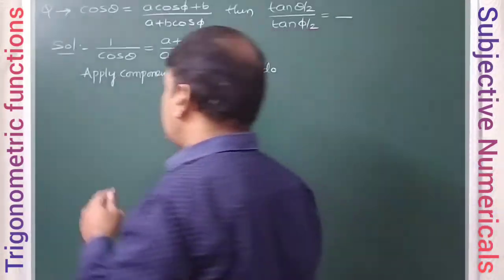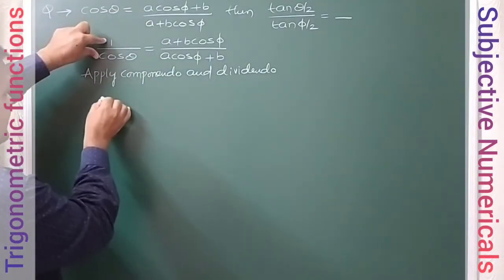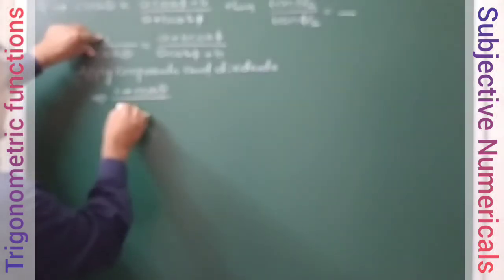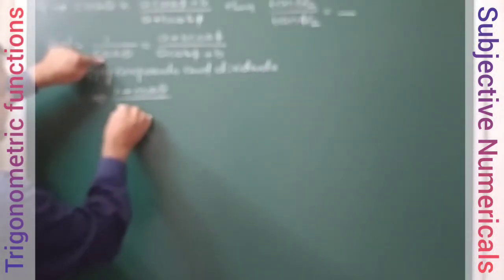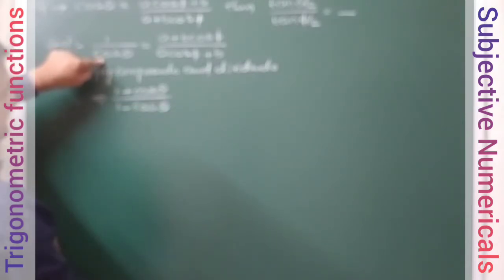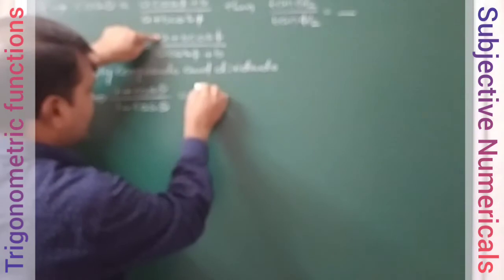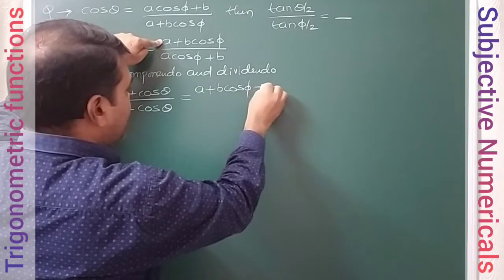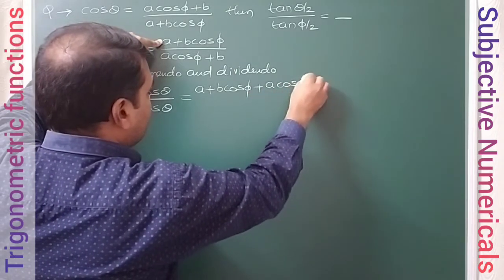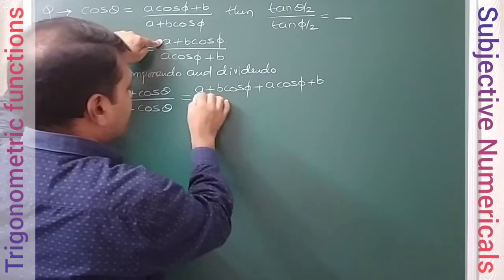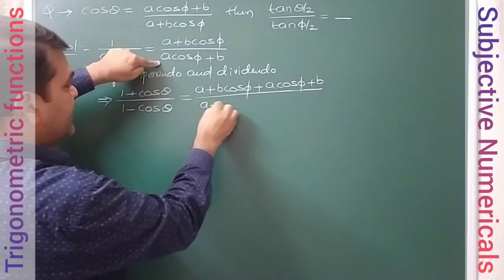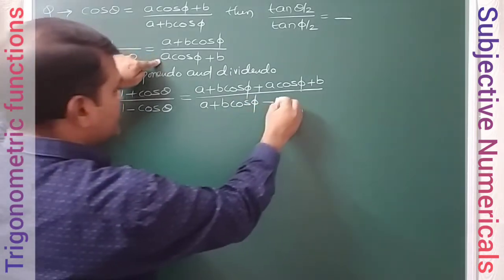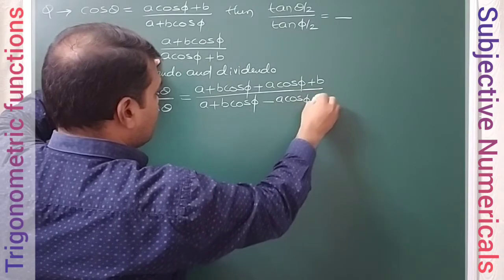So now applying componendo and dividendo, LHS will be 1 plus cos theta by 1 minus cos theta, that is numerator plus denominator by numerator minus denominator, and similarly in the RHS you will get numerator a plus b cos phi plus denominator a cos phi plus b, by numerator a plus b cos phi minus denominator, that is minus a cos phi minus b.